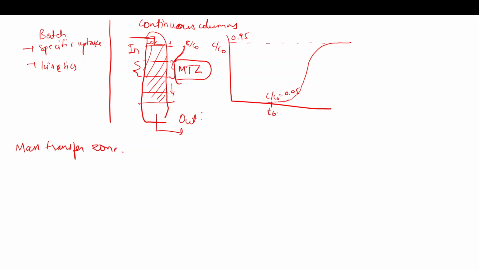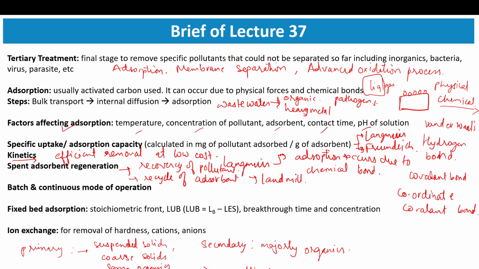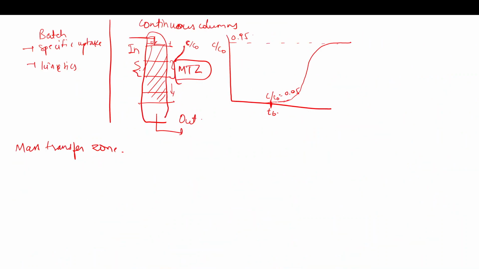Now further, you cannot have great removal efficiency, and also you do not want the pollutant to be in the outlet, so this is the time till which it is advisable for you to operate, right? So I have mentioned to you about this stoichiometric front, which is nothing but the mass transfer zone, or the front, you can say it moves because there is only a particular region where adsorption occurs.